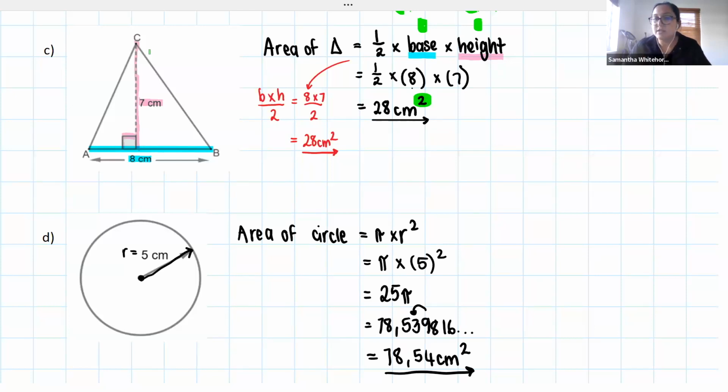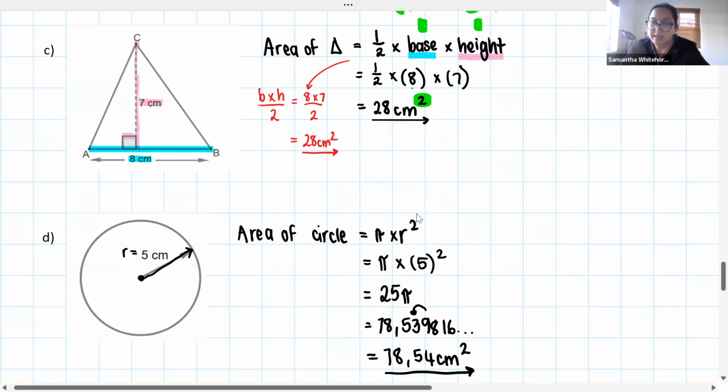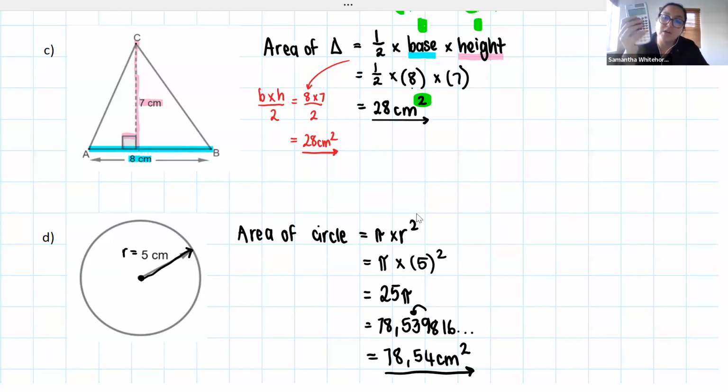Alrighty, so screenshots. If anyone has any questions, please raise your hand and ask. Your calculator is different. Okay, I'm not too sure what you mean. Not Casio. Is it still a scientific calculator, or is it one of the smaller calculators?